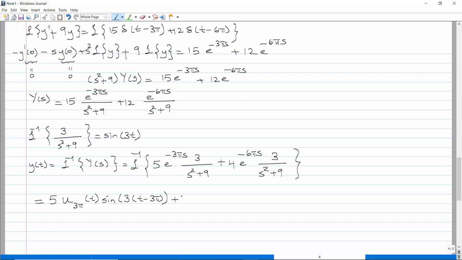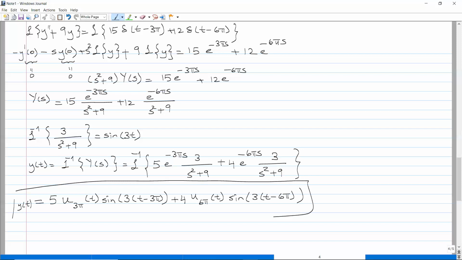And plus 4 times, since we have e to the minus 6 pi s, we have the unit step function at 6 pi, and in sine 3t, instead of t we take t minus 6 pi. So this is the solution.